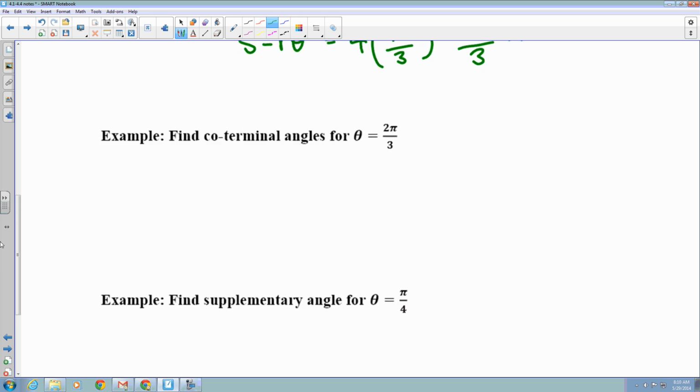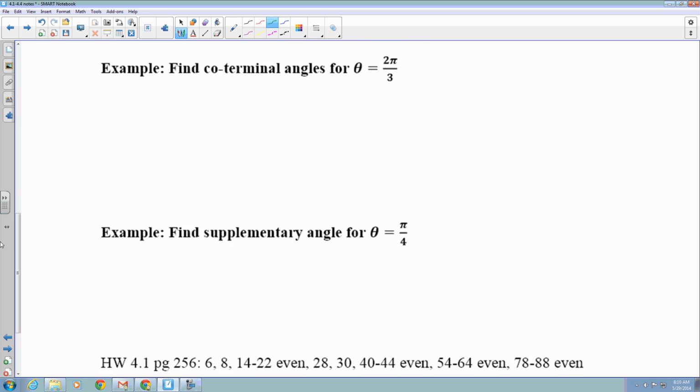Okay, so this is kind of going back to something we did earlier, but I just wanted to do a couple calculations in radians before we stop, because we're used to doing everything in degrees, so showing you how to do this in radians would be very helpful. So coterminal angle for 2 pi over 3, remember I was saying that we want to add and subtract 360? Well, in radians, we need to add and subtract 2 pi.